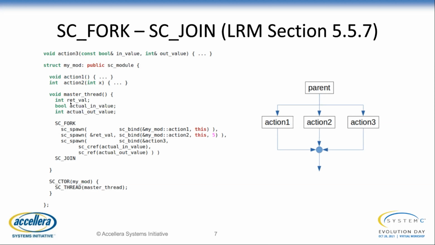You can spawn simple void functions with no arguments, or functions which take arguments and return values. And you can also spawn global functions declared outside of an SC module, which take references as arguments, and you can use these macros to specify this and create a handle for SC spawn.